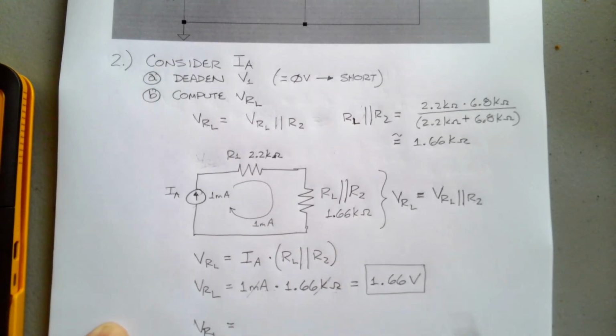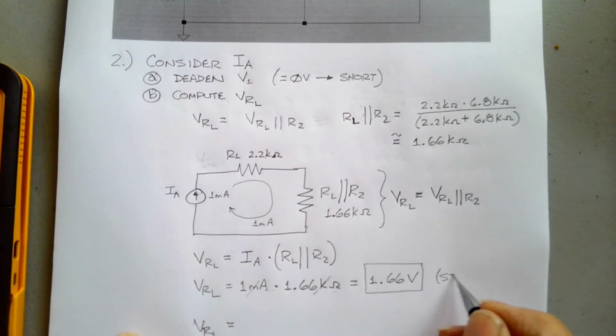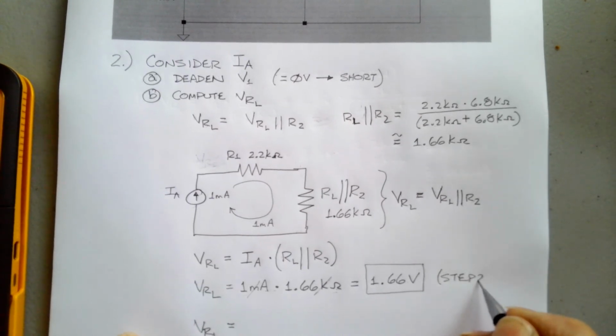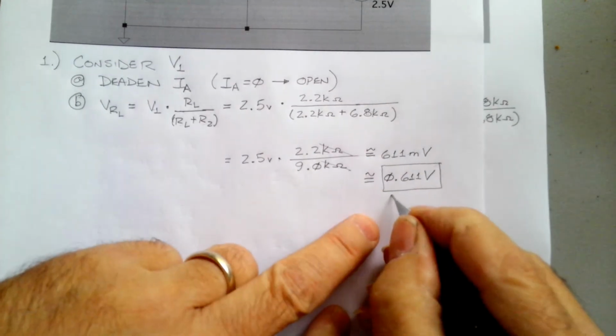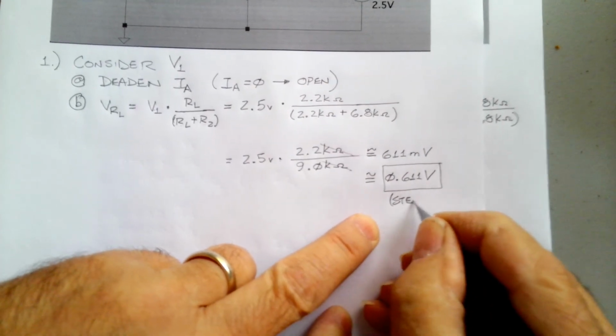This is the VRL from step 1, and this is step 2.